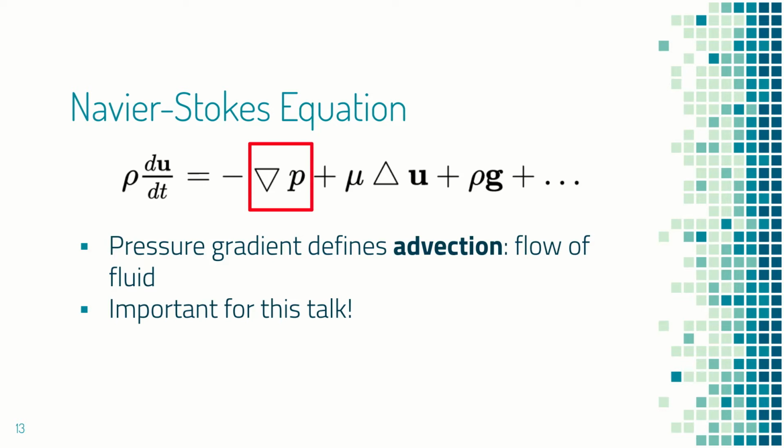So that's how one might define the pressure gradient. It's effectively the resultant vector from applications of force from the various surrounding areas, and that defines how the fluid is going to flow.